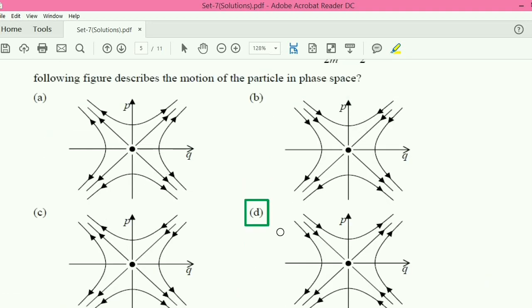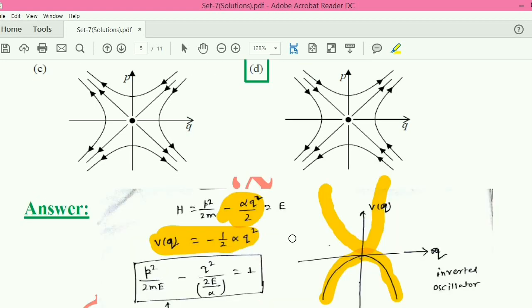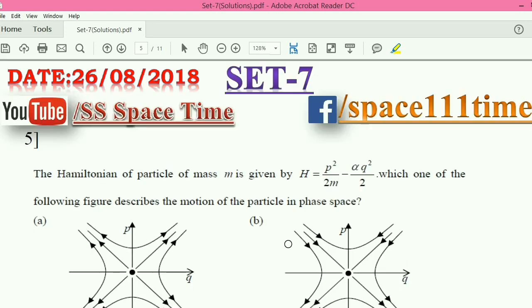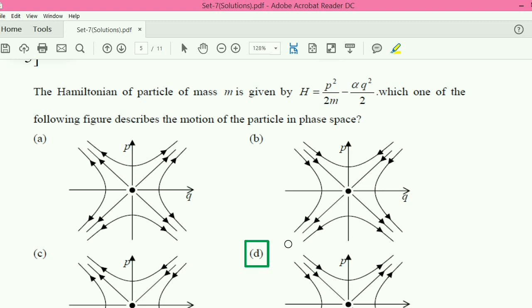All the given options are hyperbolas, but to find the correct option, we have to remember the properties of phase space trajectories. One of the properties is that in a particular coordinate, the direction of phase curves is the same.